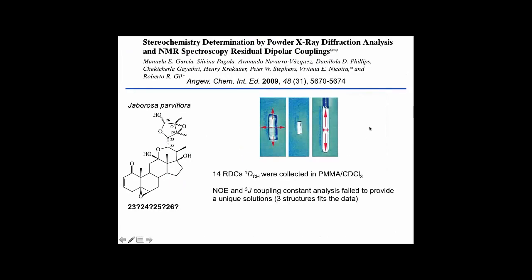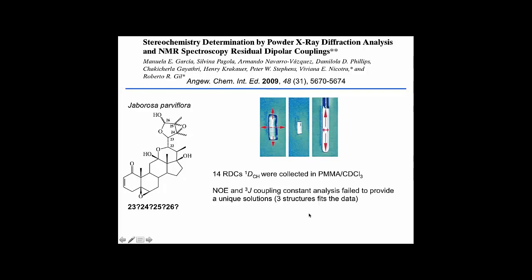Another example in natural products is this structure, a natural product isolated from a plant called Javorosa. Here we have 4 chiral carbons, and I think this is kind of a scenario number 2. We collected 4 RDCs, but by NOE and J coupling, when we tried to solve this, we got 3 possible structures, so 3 possible configurations.